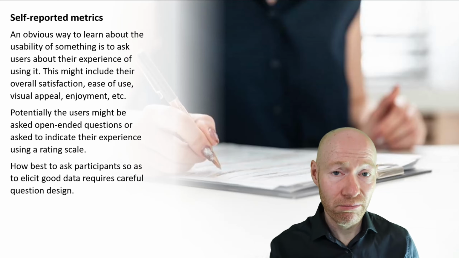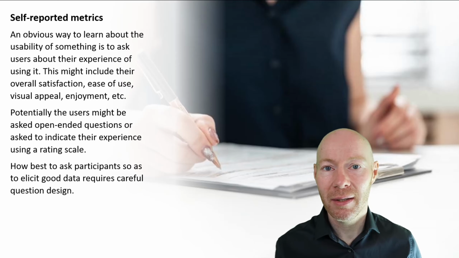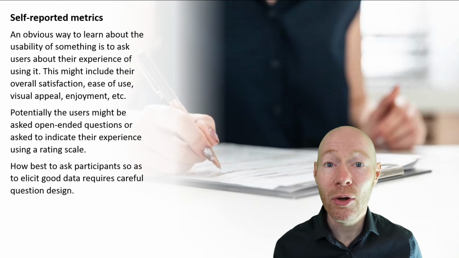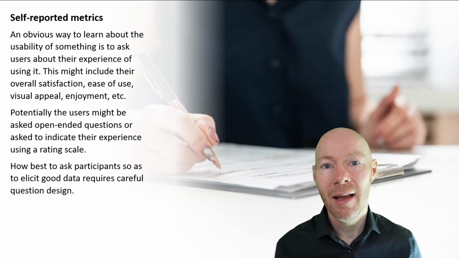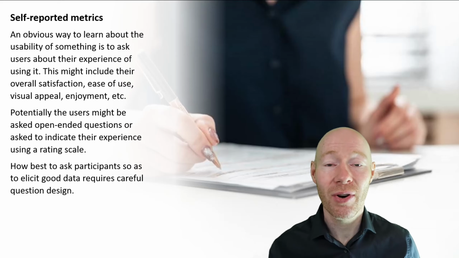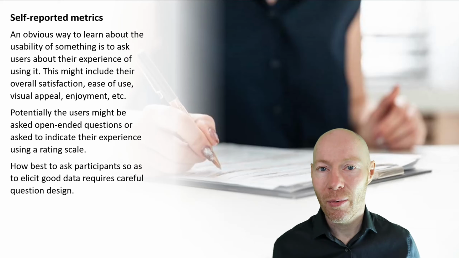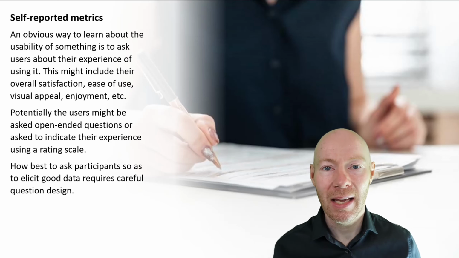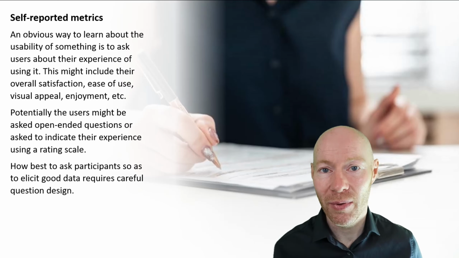They're all valid and different ways of doing it, but in each case it's really very important that we have good question design, questions that are likely to elicit the types of information we are interested in finding out more about, questions that will not introduce biases into the types of data that we receive from the users.